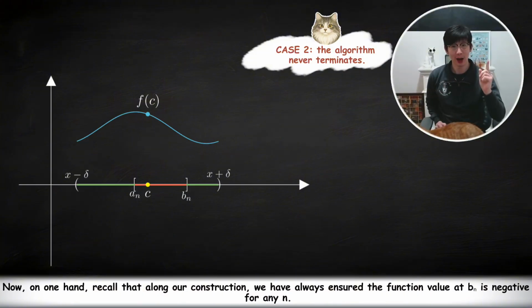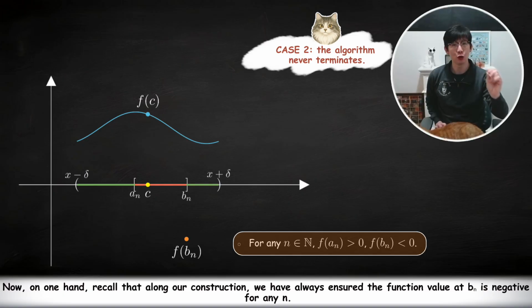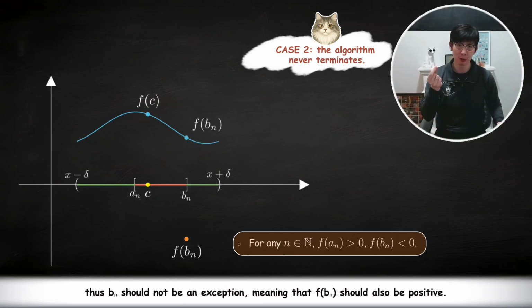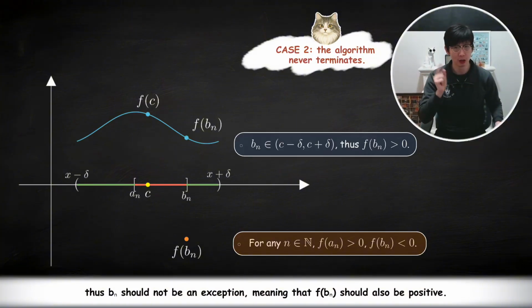Now, on one hand, recall that along our construction, we have always ensured the function value at b_n is negative for any n. On the other hand, recall that we have chosen the open neighborhood for c in a way that all the points in this open neighborhood have positive function value. Thus, b_n should not be an exception, meaning that f(b_n) should also be positive.